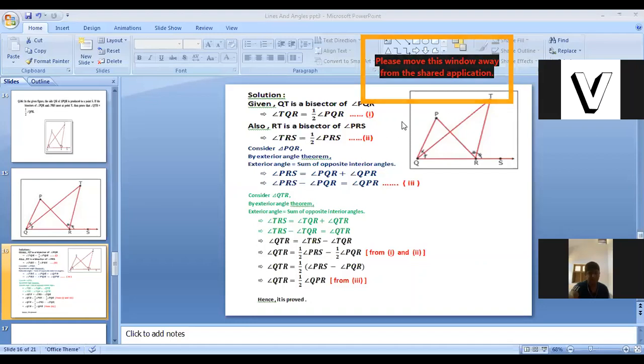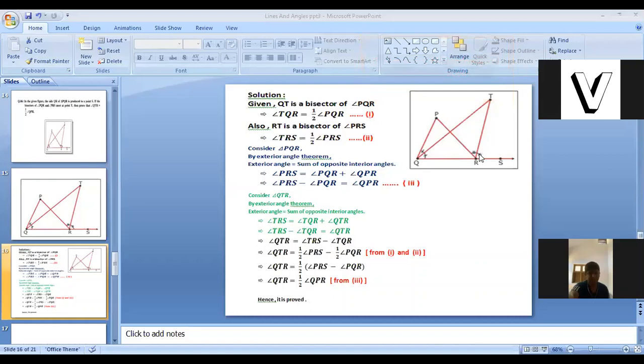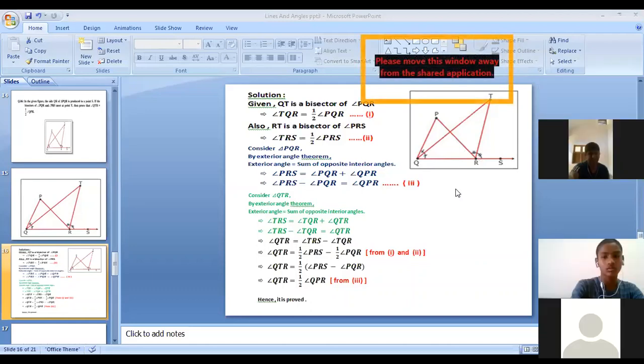Now, second step, we need to consider triangle PQR. If you consider triangle PQR, what is this angle called? Exterior angle. Do you know the exterior angle theorem? Tejashwini, can you answer, dear?